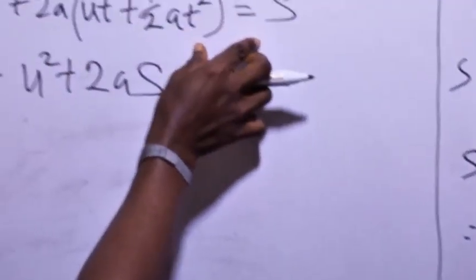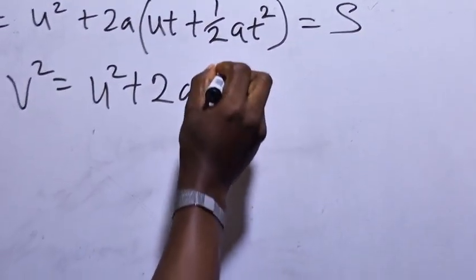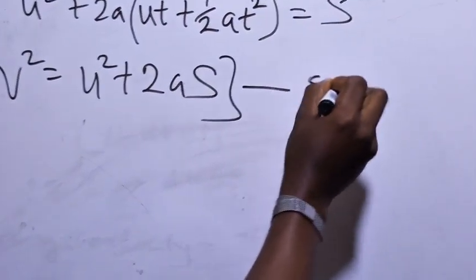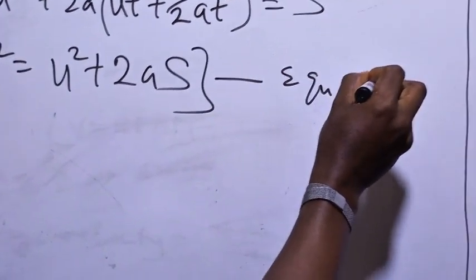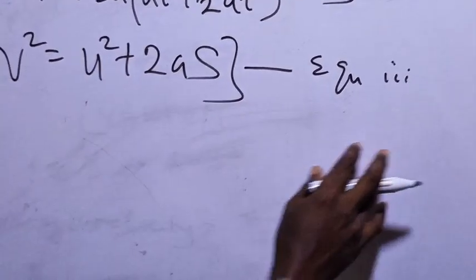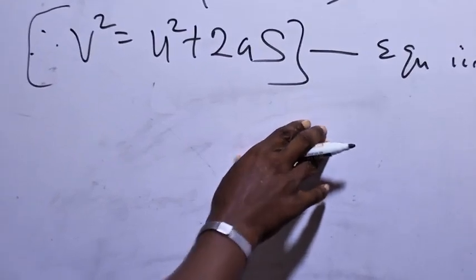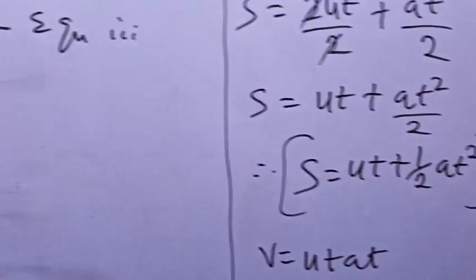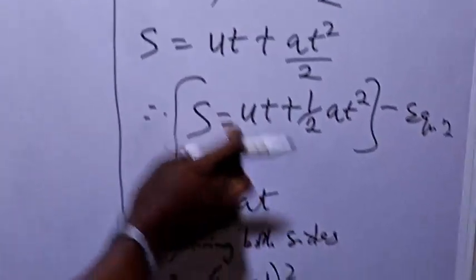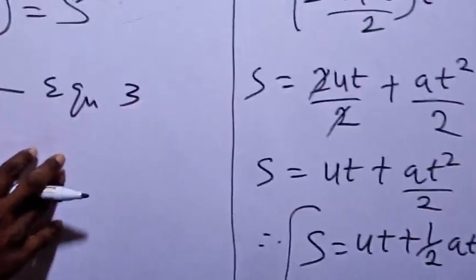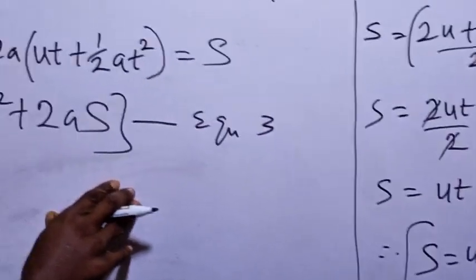So we just employ distance, and this here forms our equation 3. This is the first equation, as I numbered it. This is second, and this is the third. Let me just write it in normal equation 3.